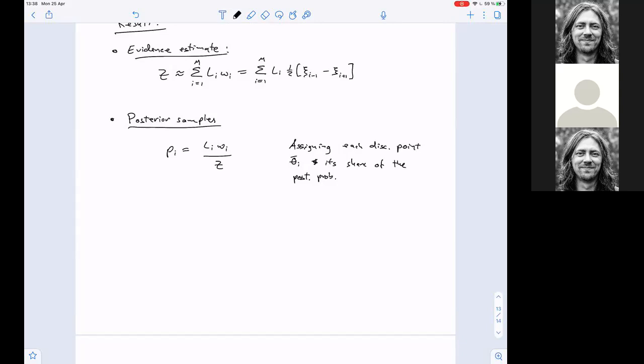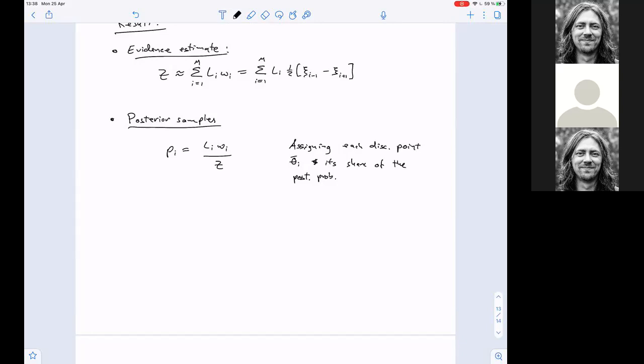And if the random number is less than the weight, you keep that sample, and otherwise you discard it. And by doing that, you end up with a set of parameter samples that all have weight 1, but they were retained or discarded in proportion to their posterior weight.